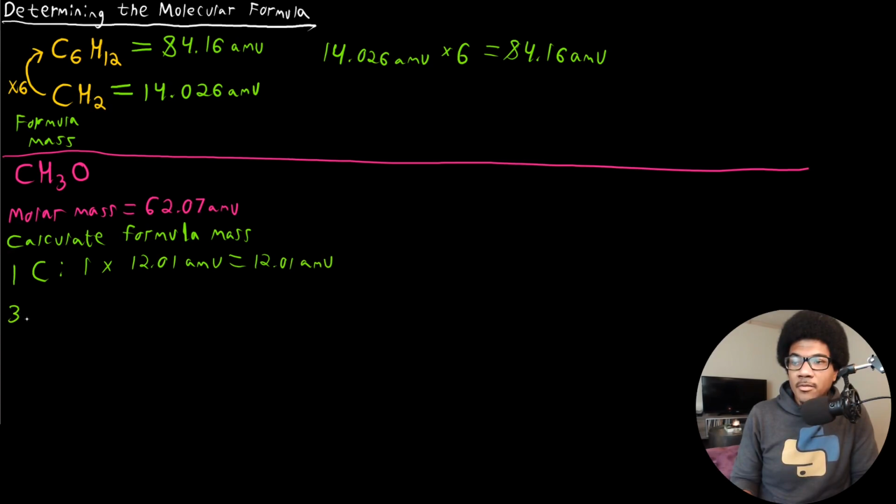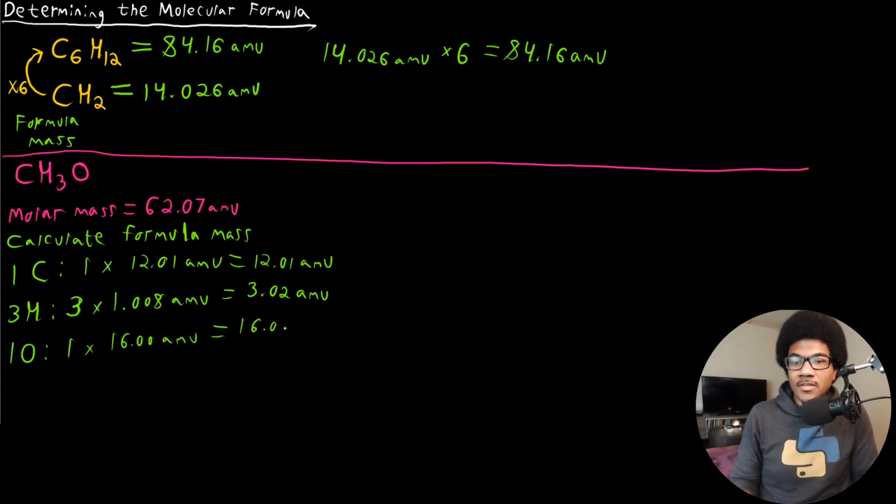You have 3 hydrogens, so we multiply the atomic mass of hydrogen by 3. So 3 times 1.008 AMU is equal to 3.02 AMU. And you're going to have 1 oxygen, so 1 times 16 AMU, which is obviously 16 AMU.